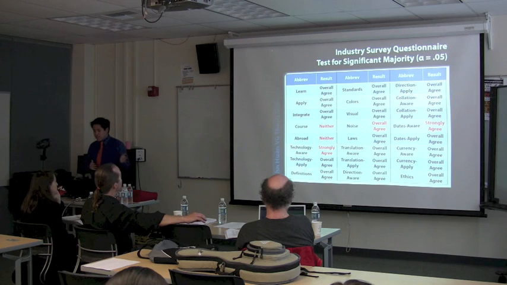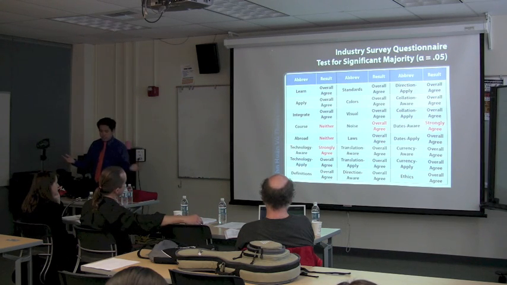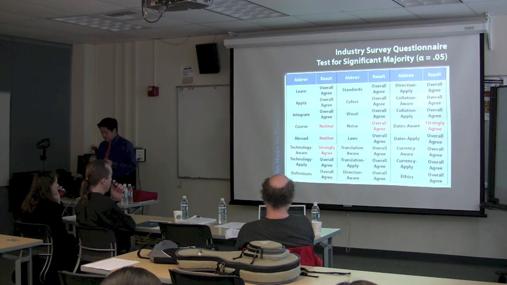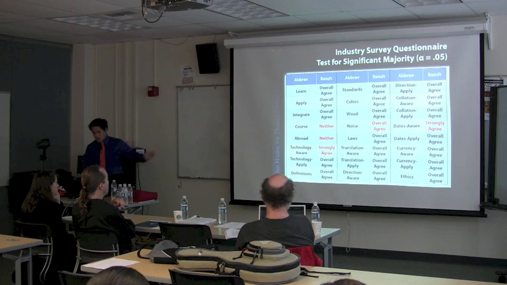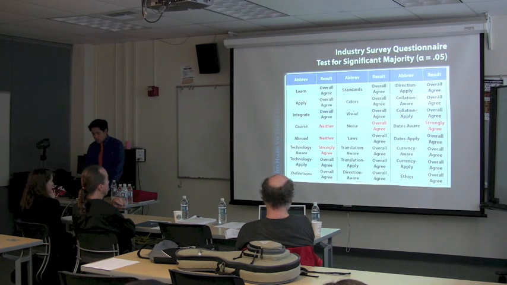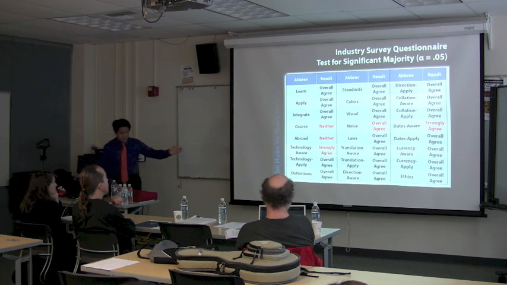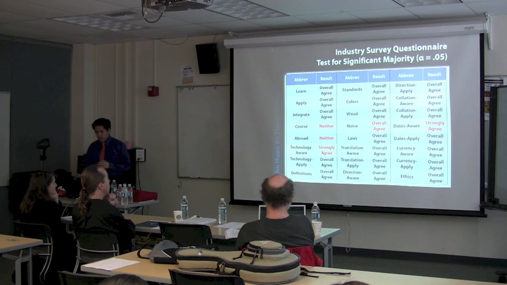An entry of neither means no significant majority overall agree and no significant majority overall disagree with a statement. And of course, there's not a single entry where there was an overall disagree or strongly disagree. Now you can see that a significant majority overall agree with 20 of the 24 statements. 2 had neither, and 2 had strongly agree.